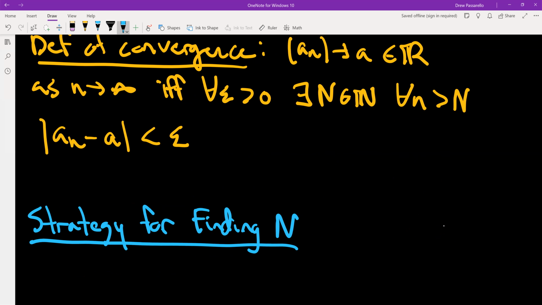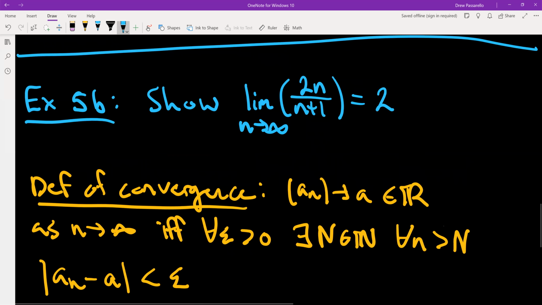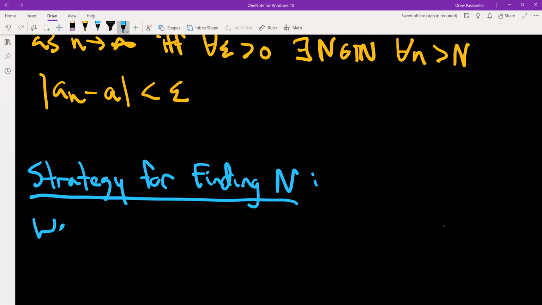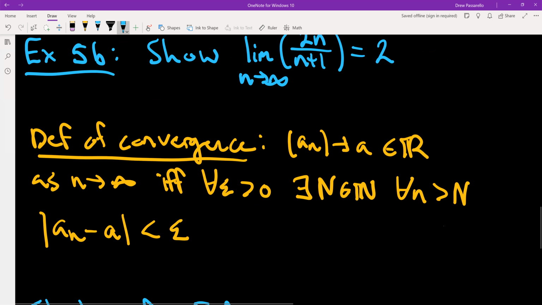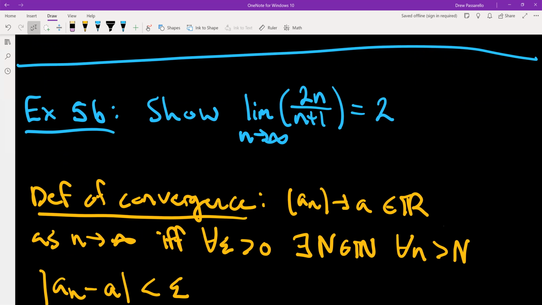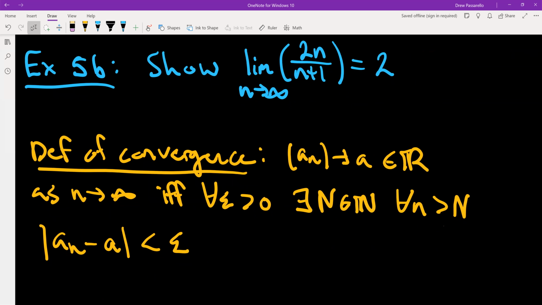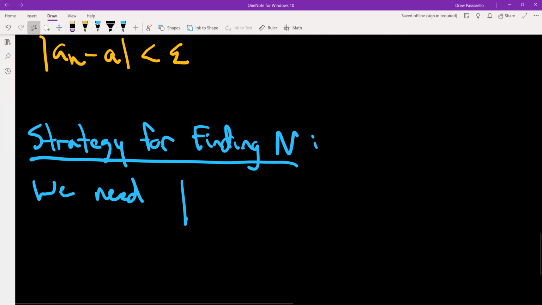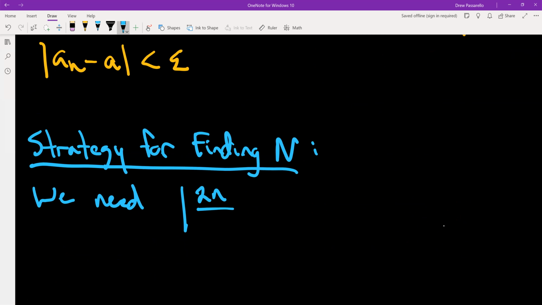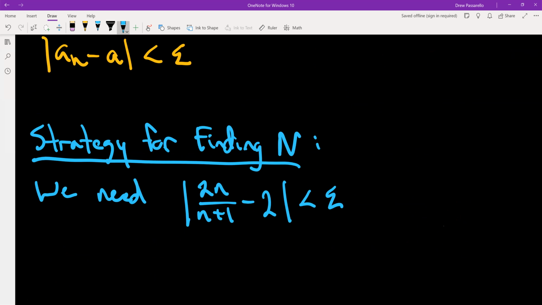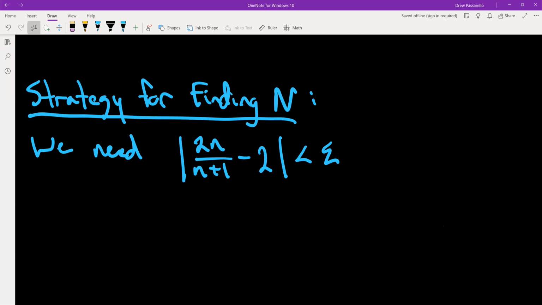So strategy for finding capital N. So we need the absolute value of our sequence, in this case it's 2n over n plus 1, minus its limit point, or the point that it's converging to, which is 2. So the absolute value of 2n over n plus 1 minus 2, we need this to be less than epsilon. And we're going to find the n that makes that work.